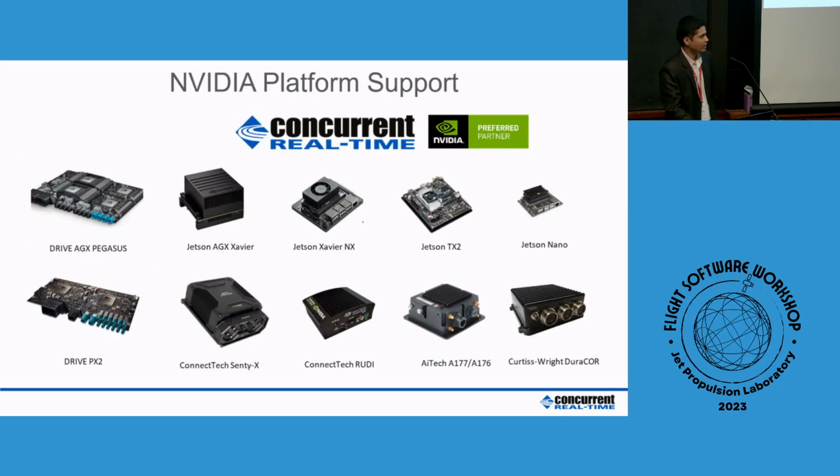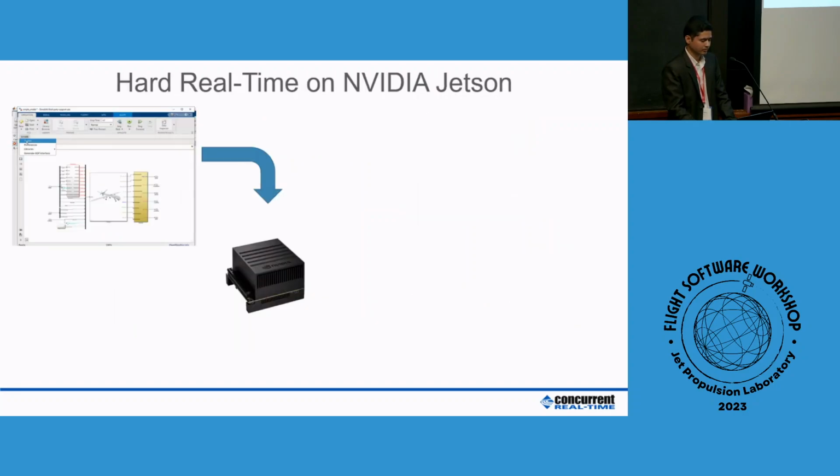For that, we have a partnership with NVIDIA, where we have different solutions ranging from your traditional Jetson boxes, including ruggedized systems by different vendors that work with us, and also solutions for autonomous driving. Obviously, these are standard products that we support, but we also have custom support for many different kinds of embedded systems.